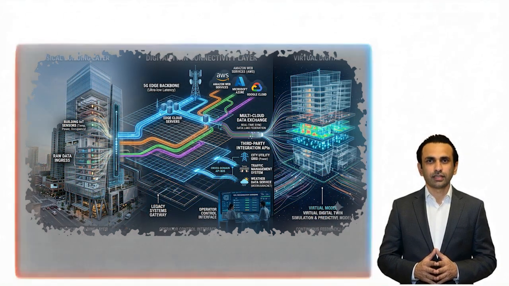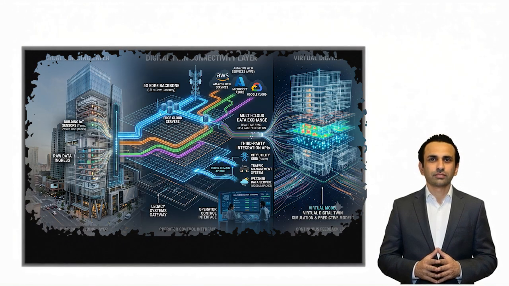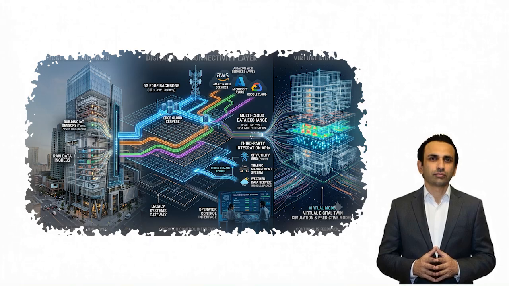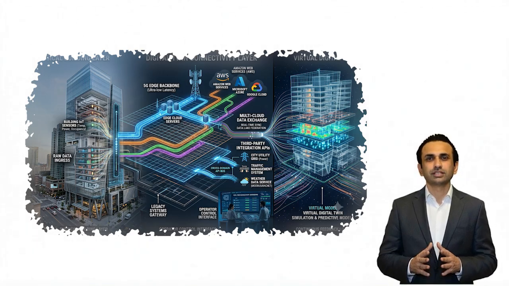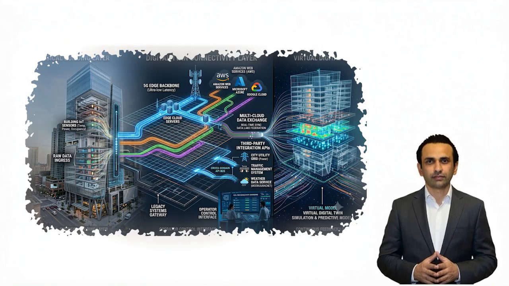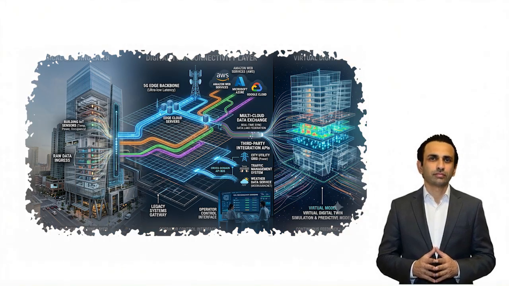Layer 3, Connectivity layer. Next comes the connectivity layer. This layer answers one critical question. How does data move from the physical world to the digital one? It includes wired and wireless networks, industrial protocols, messaging systems.